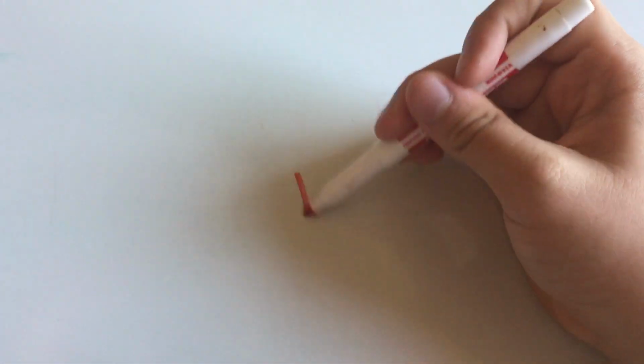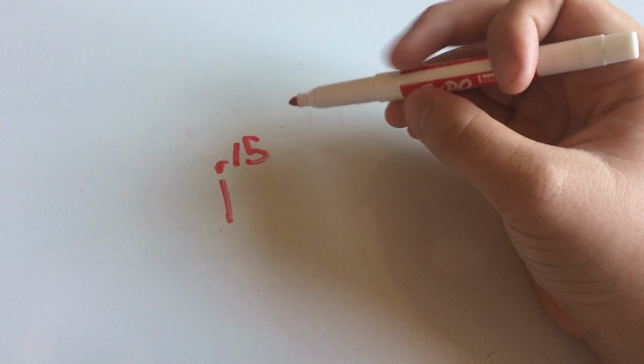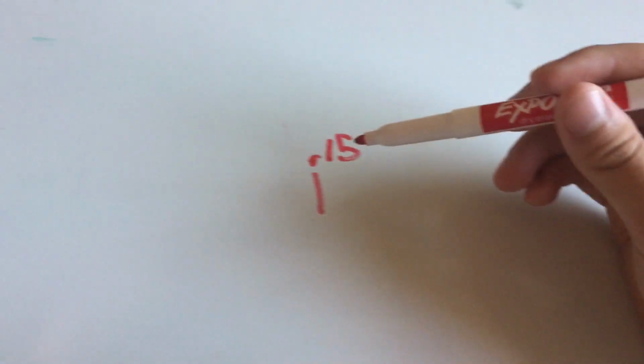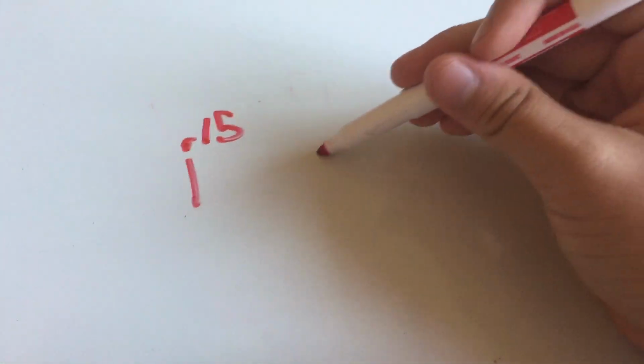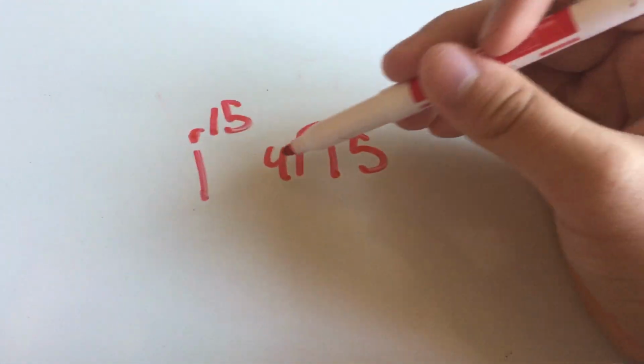Let's say i to the power of 15. To complete this kind of expression, we divide 15 by 4, and I'll explain why we divide by 4.